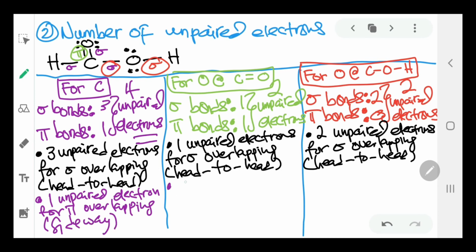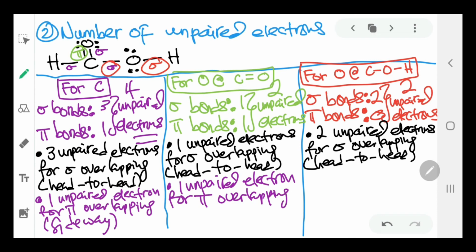This guy over here also needs 1 unpaired electron for pi overlapping. So this one also sideways. This one, no sideways.